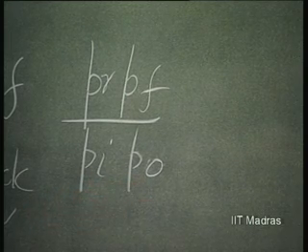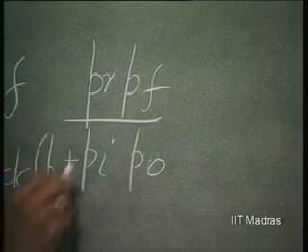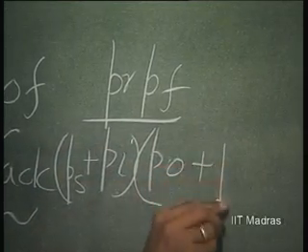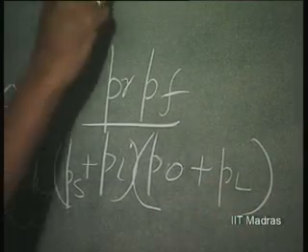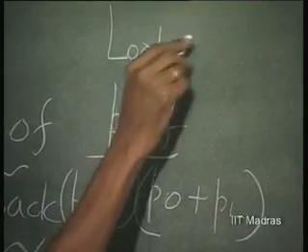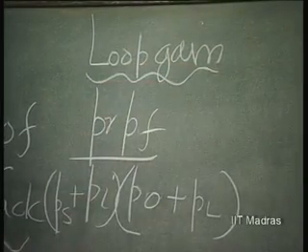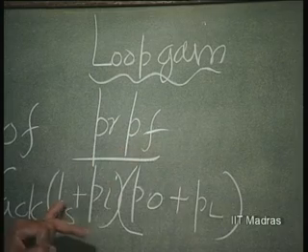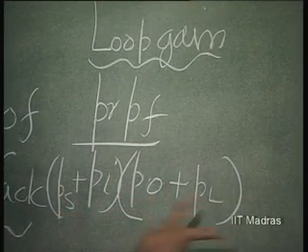If you take the source effect into consideration at the input and load effect into consideration at the output, the loop gain in general, in any one of the parameters, is always equal to PR into PF divided by PS plus PI into PO plus PL.